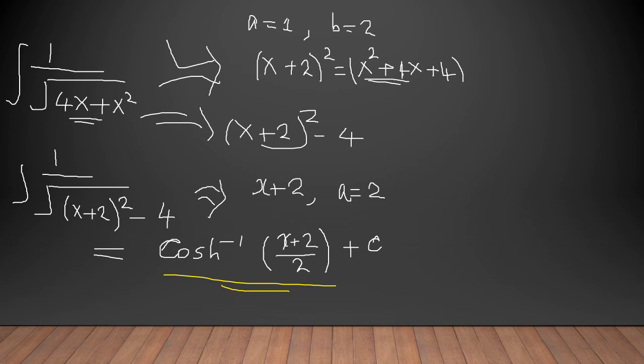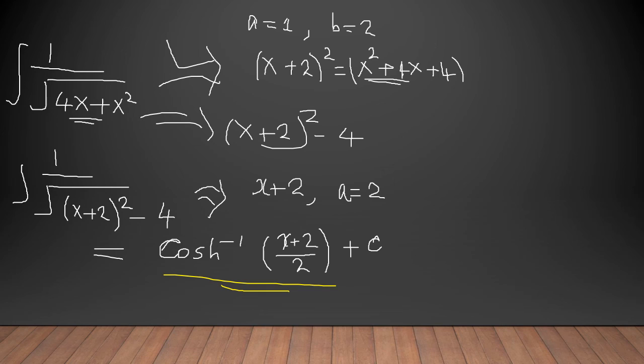So from here now you can see our x is x plus 2 and our a is actually 2 because this 4 is a squared.